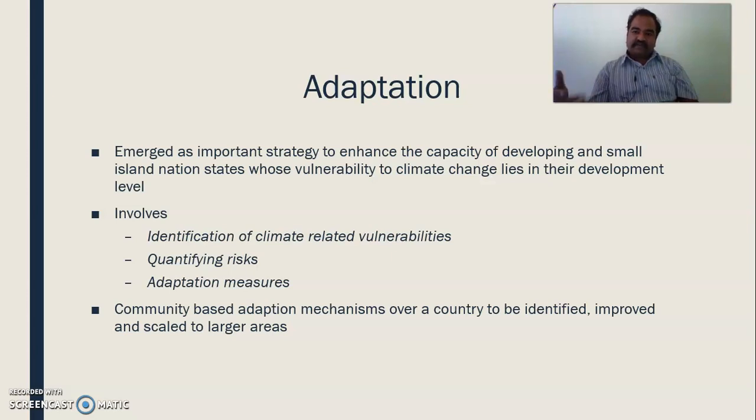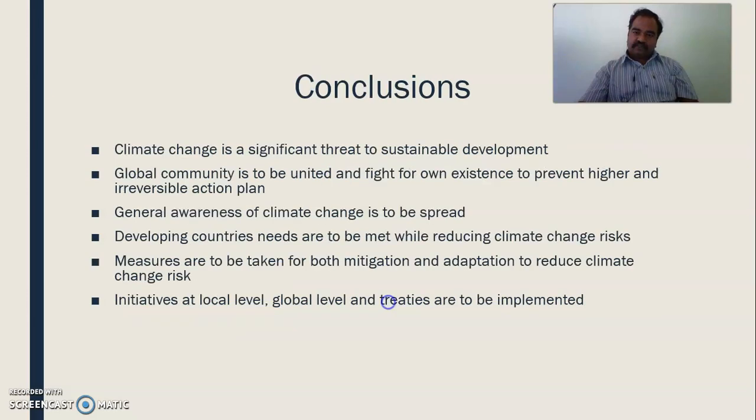When a country is supposed to adapt itself, it is supposed to identify what sort of climatic changes it is experiencing. It is supposed to assess the risks, and finally take some measures. So first identify the changes, understand the risks, and next suggest suitable measures for adaptation. That is the process which you are supposed to follow in adaptation.